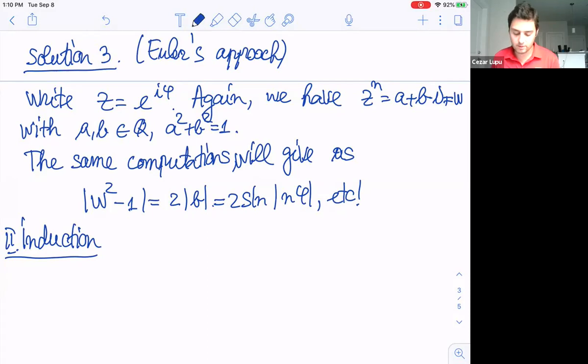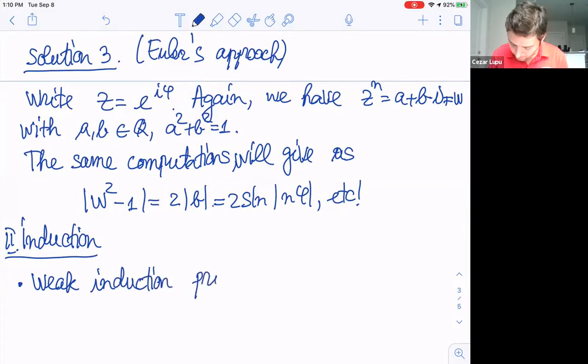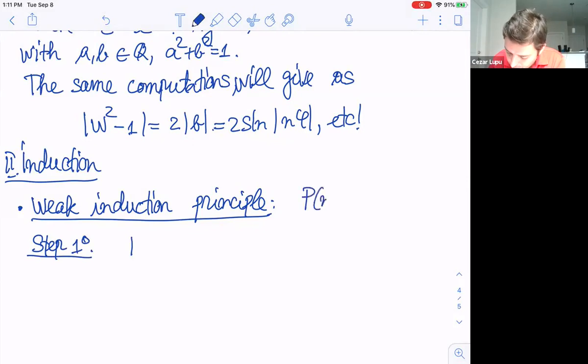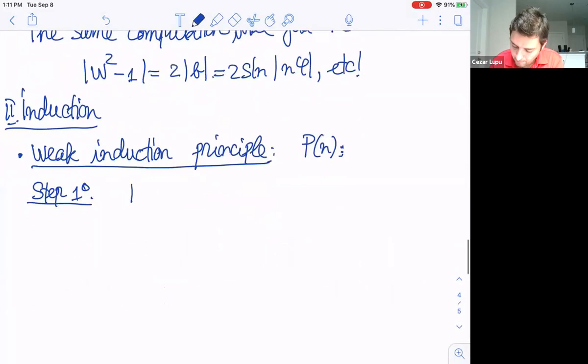But also there is this weak induction principle, which basically says that, let's suppose we have a proposition P of n, you want to show that P of n is true for all n greater or equal than n0.